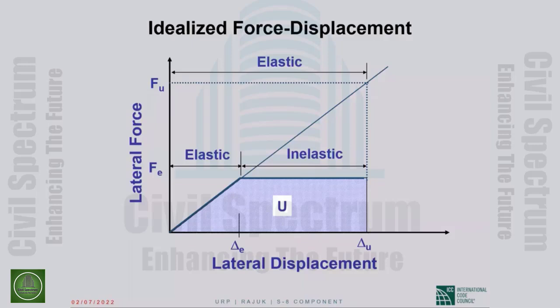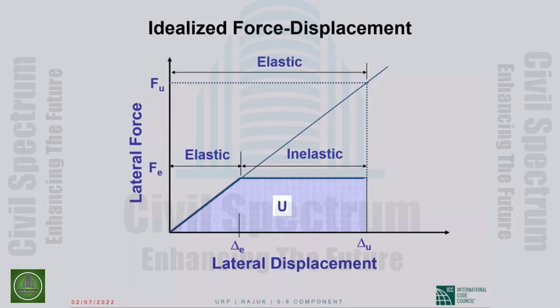So the design forces are given in the code, and you will see in BNBC, it is part 6, chapter 6. And the detailing requirements are also given in the code. It's part 6, chapter 8 of the BNBC. We will talk about the forces and related items today and tomorrow. And then on Wednesday and Monday of the following week, we will talk about detailing.